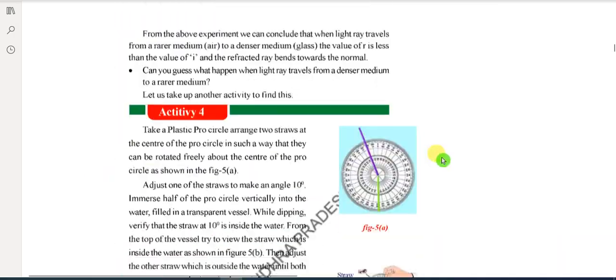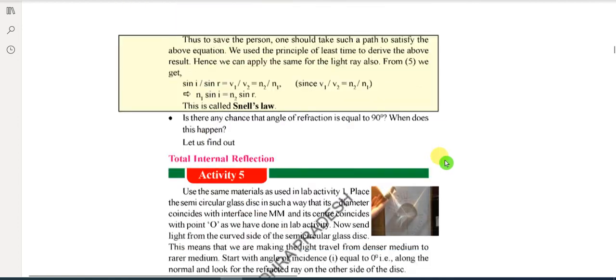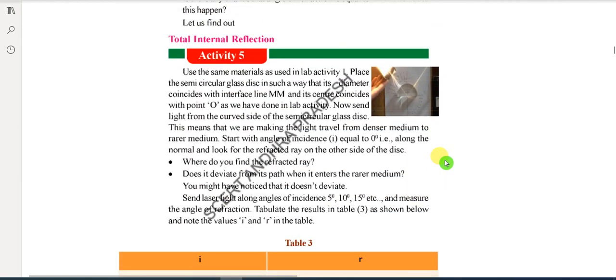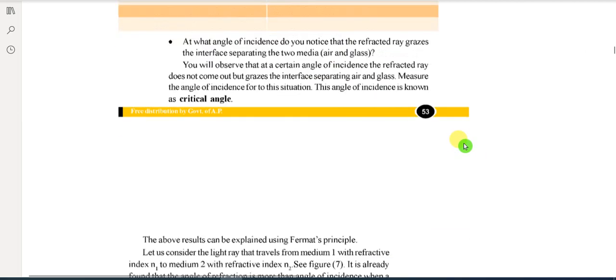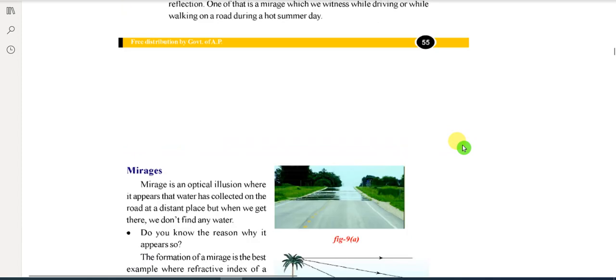And total internal reflection. So many questions come up on the concept of total internal reflection. Yes, here applications are there.